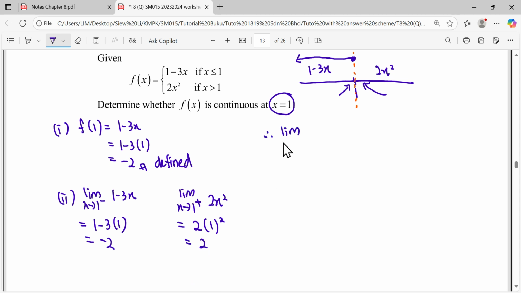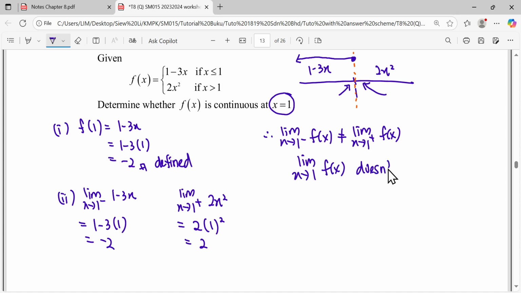So our reason here: the limit from the left hand side of the function is not the same as the limit when x approaches from the right hand side. So for condition number 2, the limit as x approaches 1 for the function does not exist.